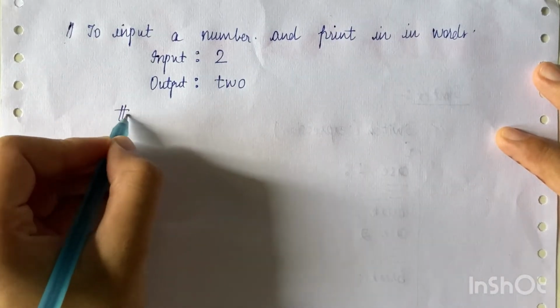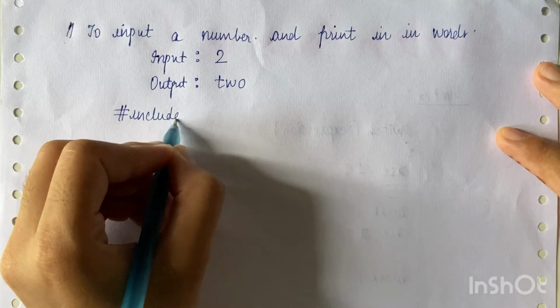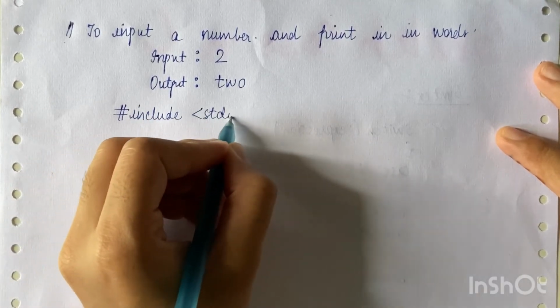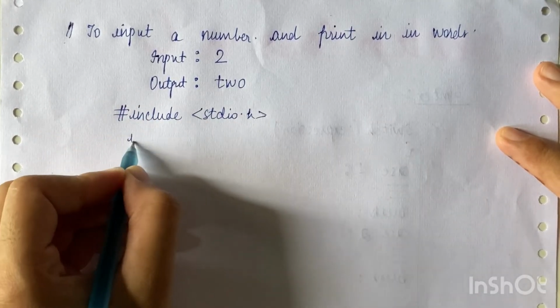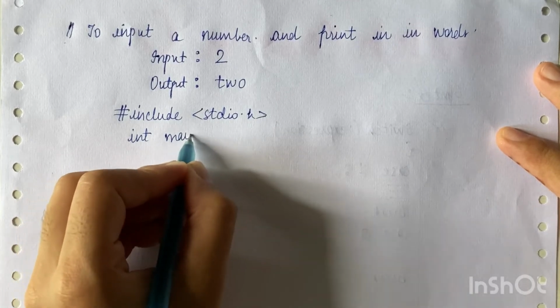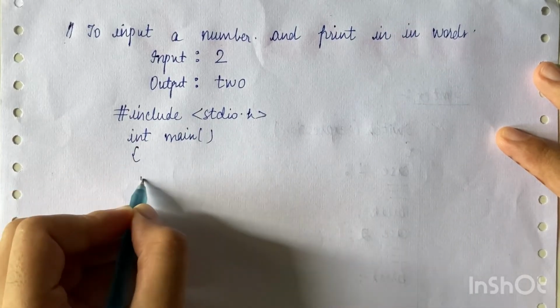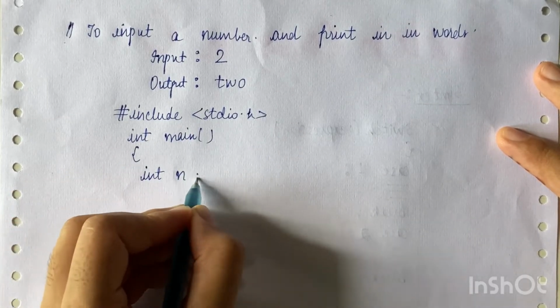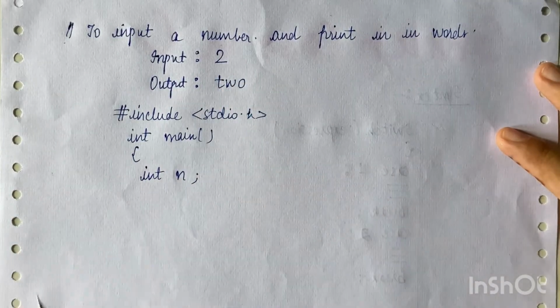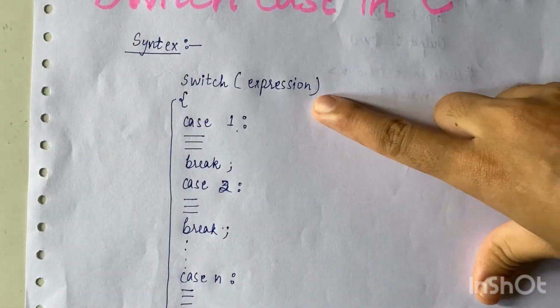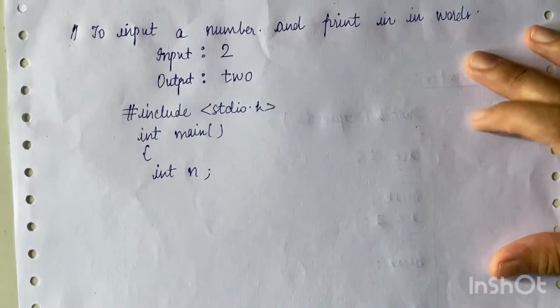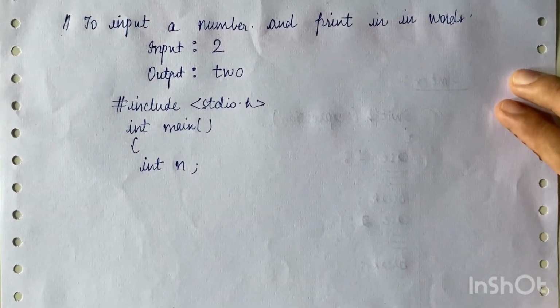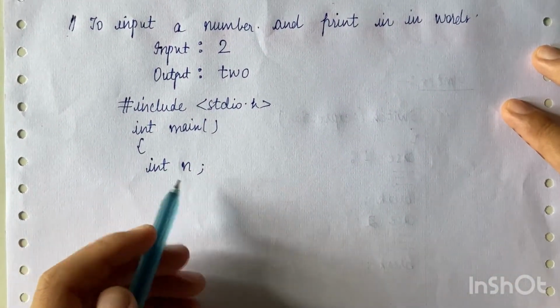So let us start writing the header file for C. Then the main function. Inside this we will take a variable n, right, for the expression that we've discussed in the syntax. For the expression that we take from the user, it's the same expression here, that's int n.